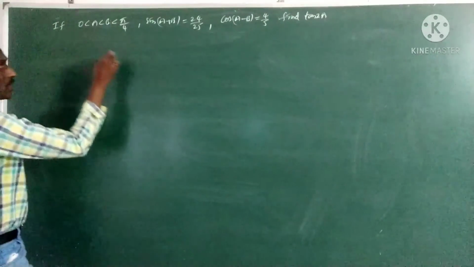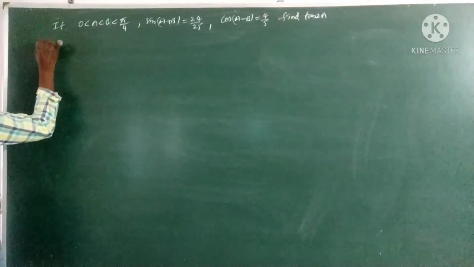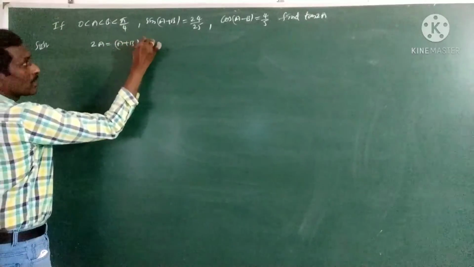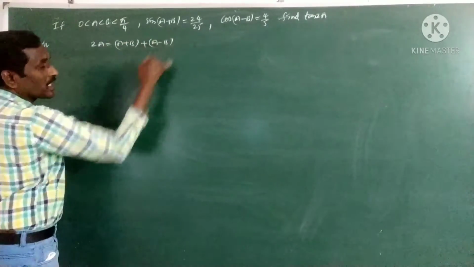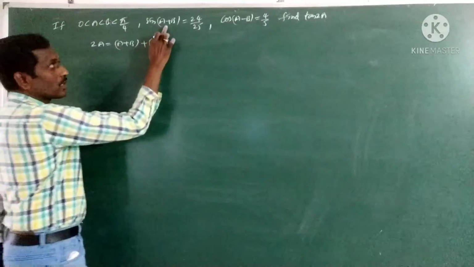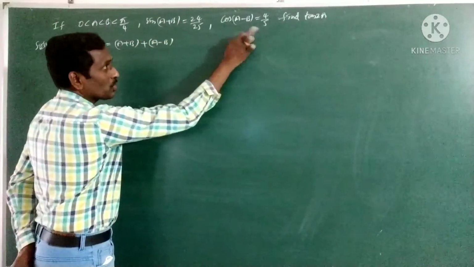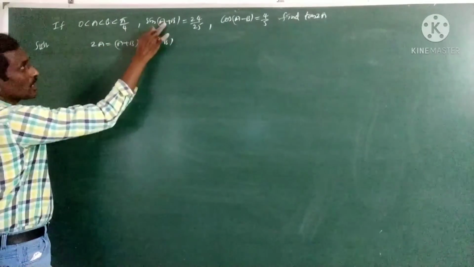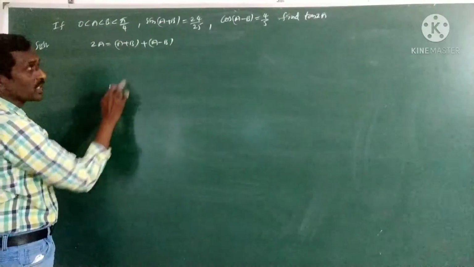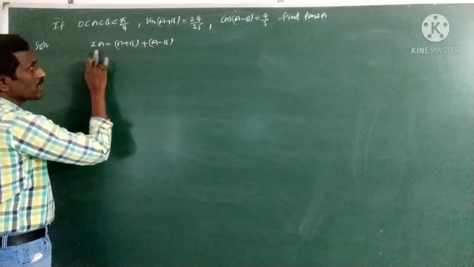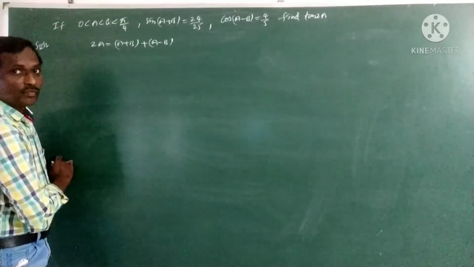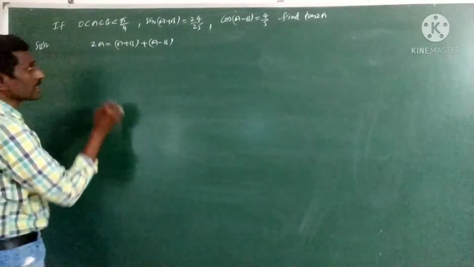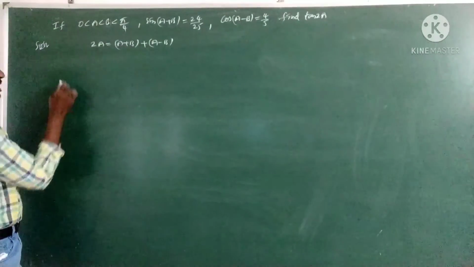So can we write 2a equals (a + b) plus (a − b)? We know the a + b angle and the a − b angle, and we have to find 2a. So 2a equals a + b plus a − b. The b terms get cancelled, and a plus a gives 2a. Then we have to find the tan 2a value, so take the tan function on both sides.